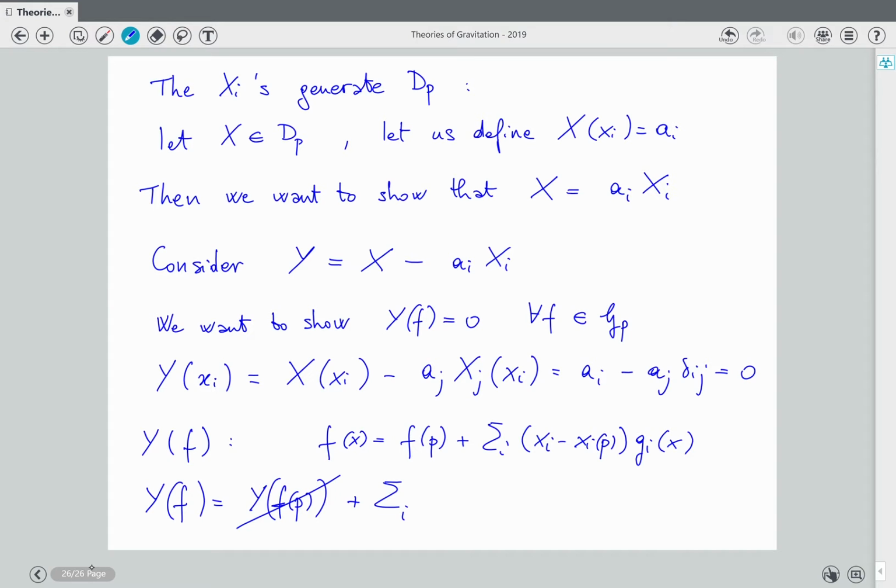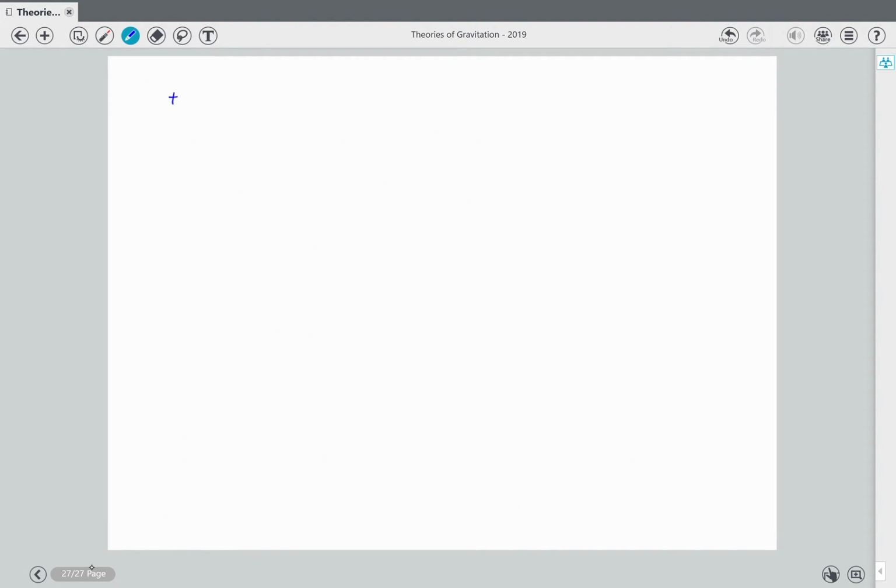And then these elements are products, so you can use the Leibniz rule for each, and you will have y of xi minus xi of p times gi of x, plus xi minus xi of p times y acting on gi of x.